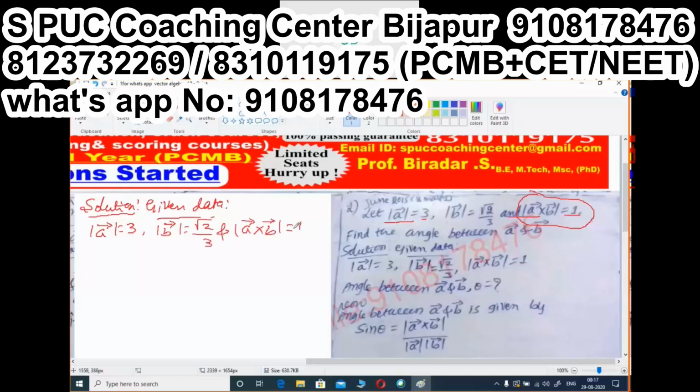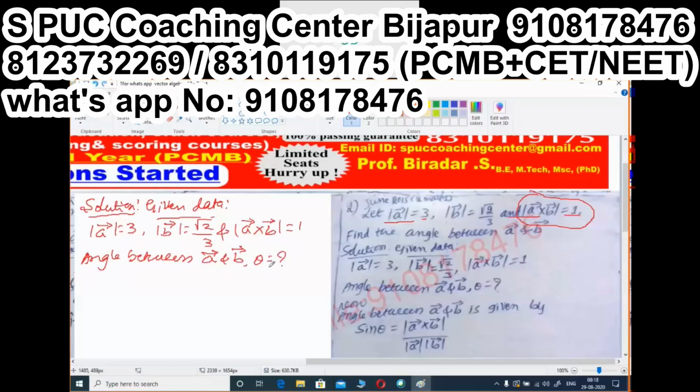He has asked for the angle between a and b. So let us take the angle between a vector and b vector as theta, the question mark. We are going to denote the angle between those two as theta.